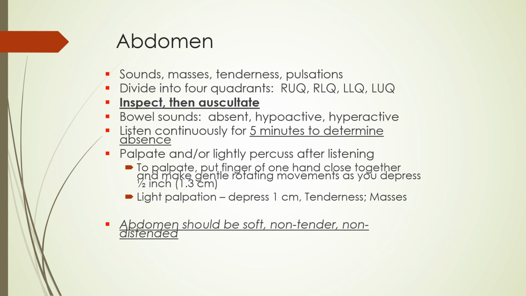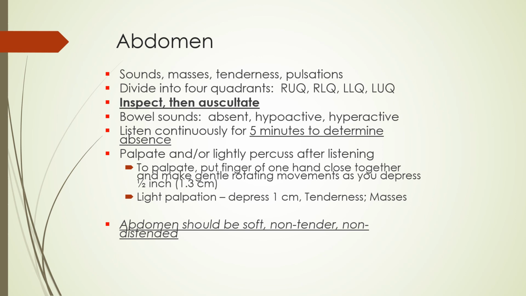But with the abdomen, we always make sure we inspect, then we listen, then we palpate, and then we percuss. Know that order for the abdomen. Why do we change up the order? Because we want to make sure that if there is any fluid going on in the abdomen, that we are not pushing that fluid around or moving anything. So we want to listen first and make sure the bowel sounds are not distorted.